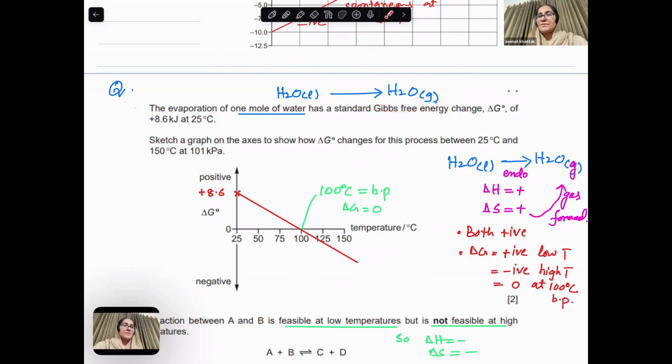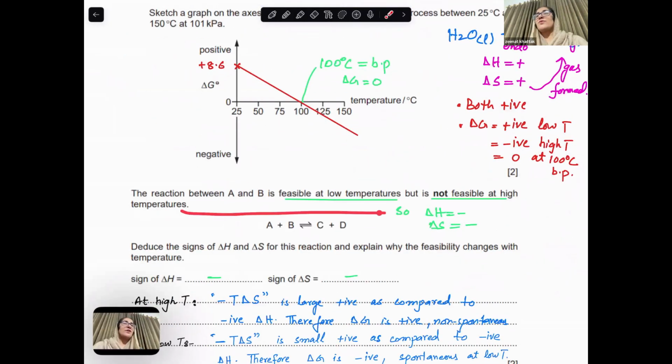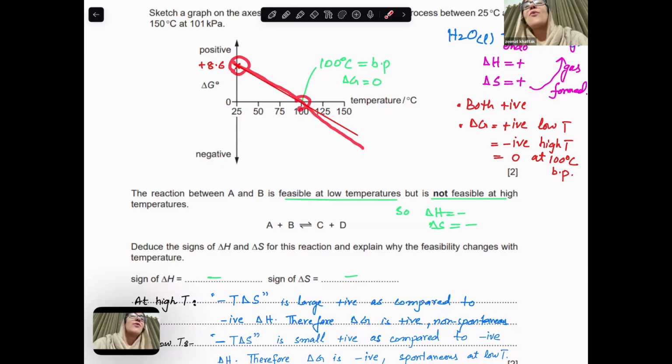Right? At the same time, there is also another question. Wait, before going to this question, you are starting from this and you have to pass it through 100. Why through 100? Because you are turning a liquid into gas at 100 degrees Celsius.